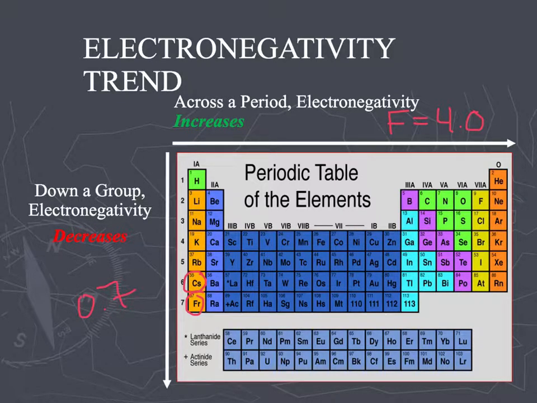And that's probably being generous, but the inert gases are all 0, right? So fluorine is 4, but neon is 0.